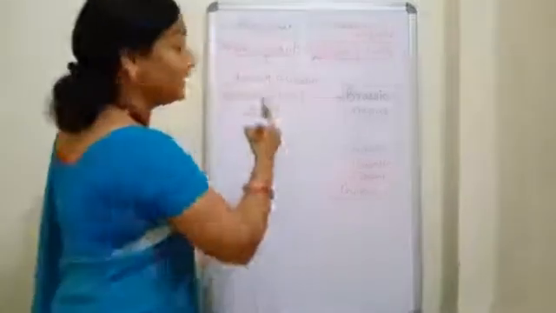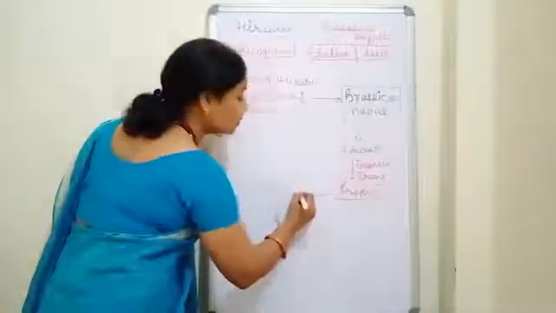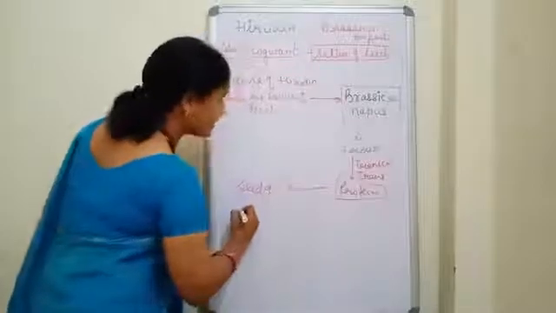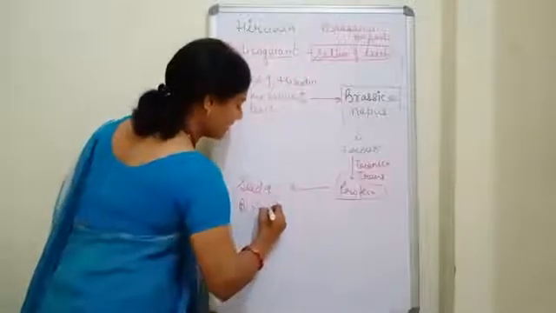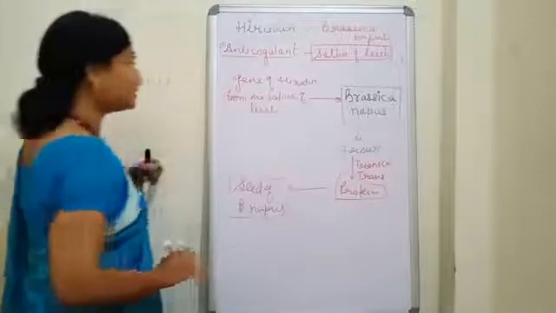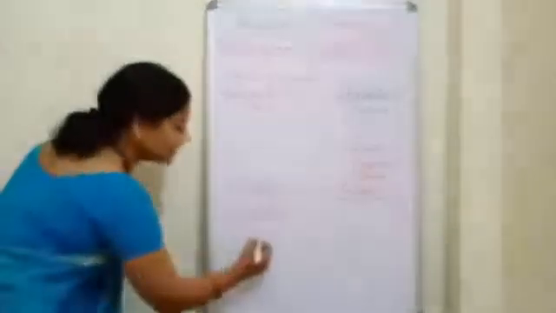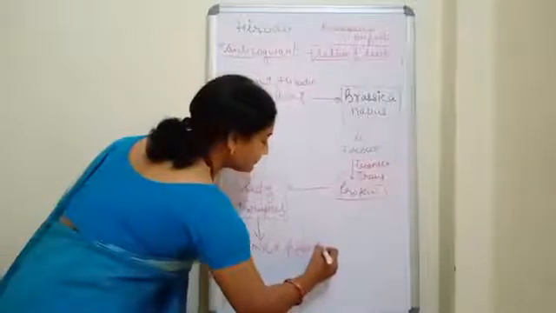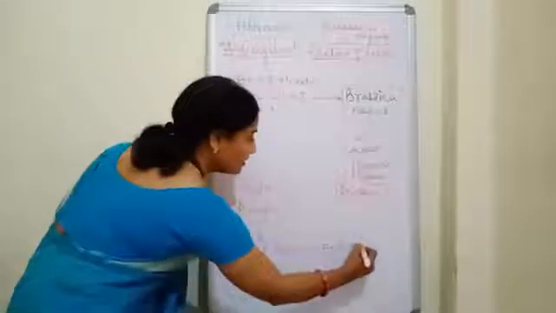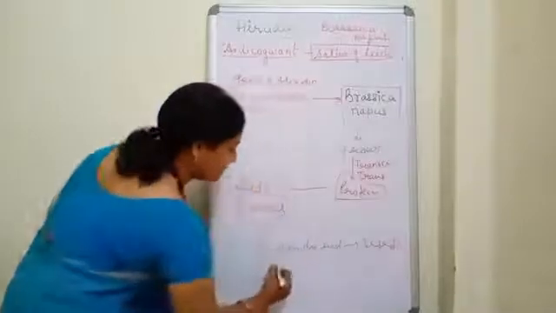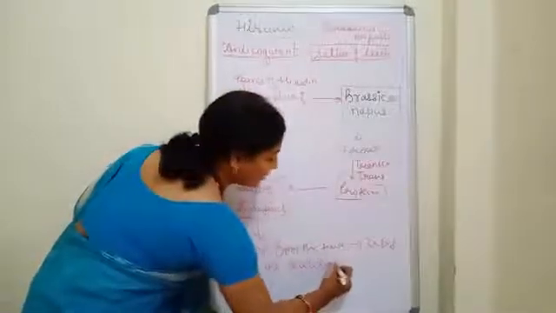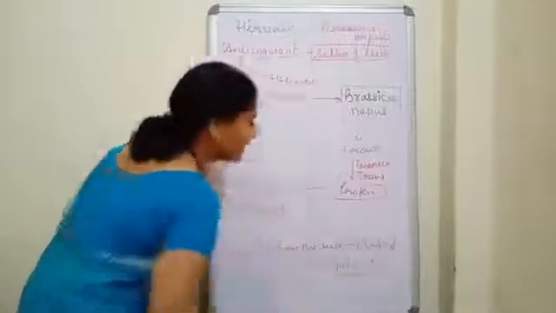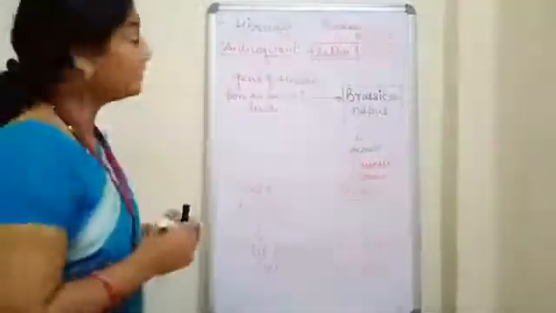It will form the Hirudin, and that will be stored in the seed of Brassica napus. And what will the scientist do? The scientist will take the oil from the seed, and this can be used as an anticoagulant. Understood? That oil can be used as an anticoagulant.